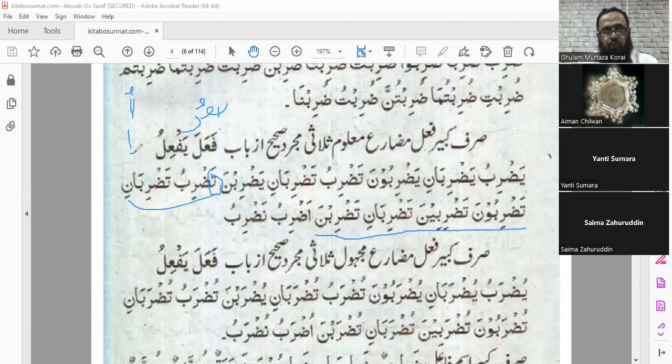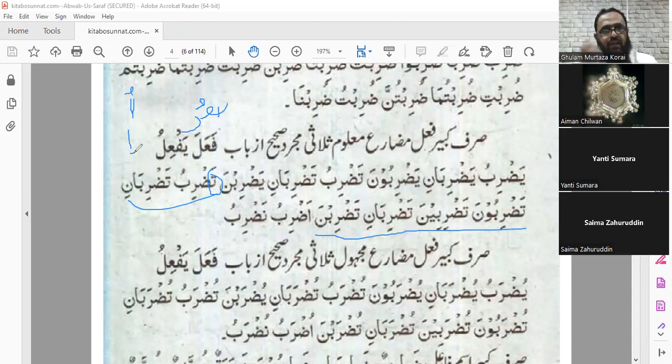But to let you know, we make Amr Hadir Ma'lum from Felul Muzare Ma'lum. And when we talk about Ma'lum and Hadir, we have 6 sigas, 3 from Muzakkar Hadir and 3 from Mu'annas Hadir.